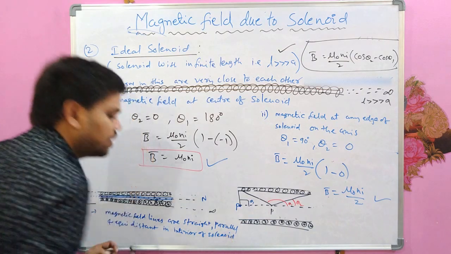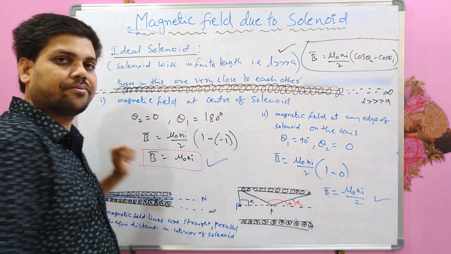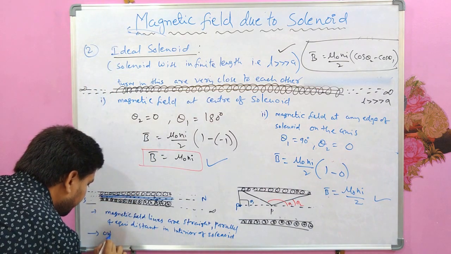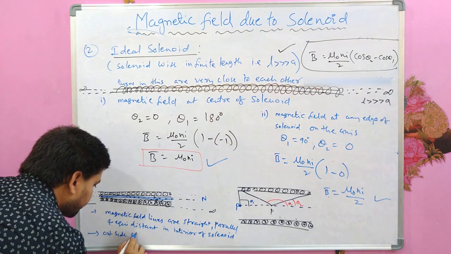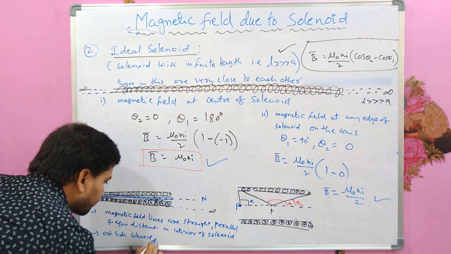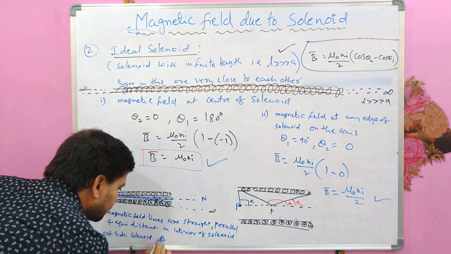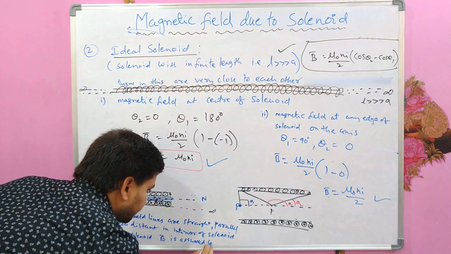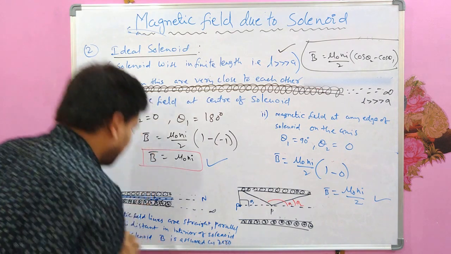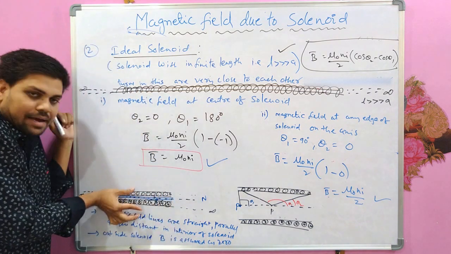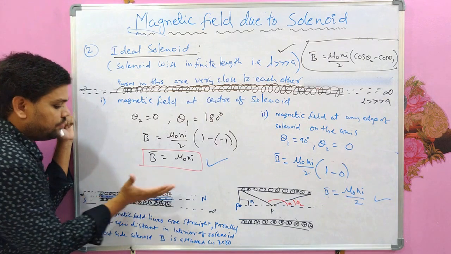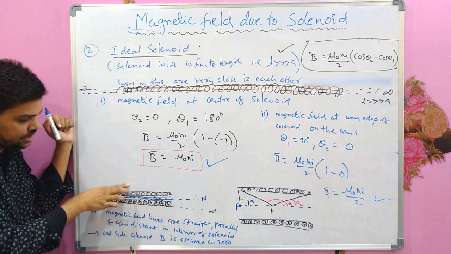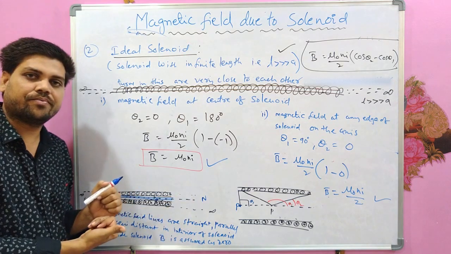This is very, very important. And outside the solenoid, magnetic field is assumed as 0. Because it is very, very smaller in diameter, the magnetic field in the outside, that is here or here, is assumed as 0.